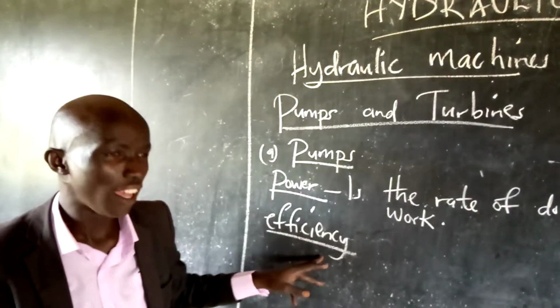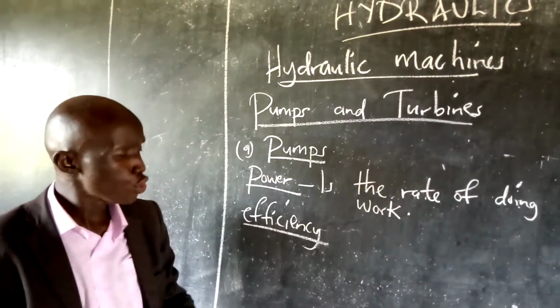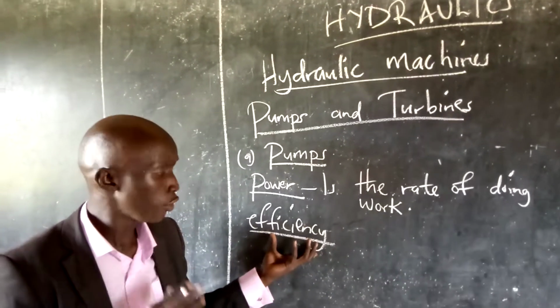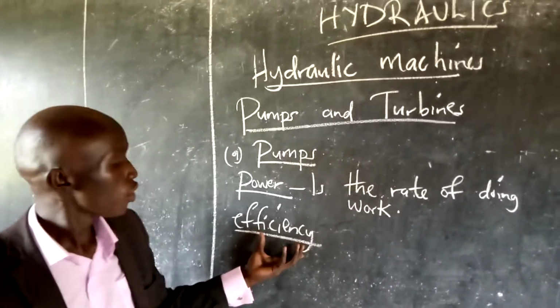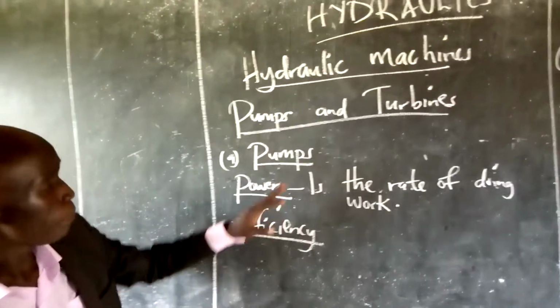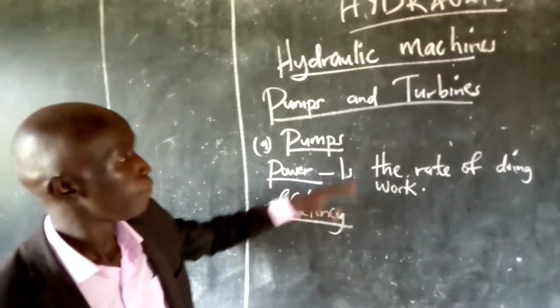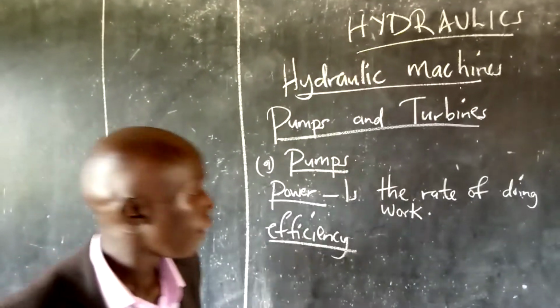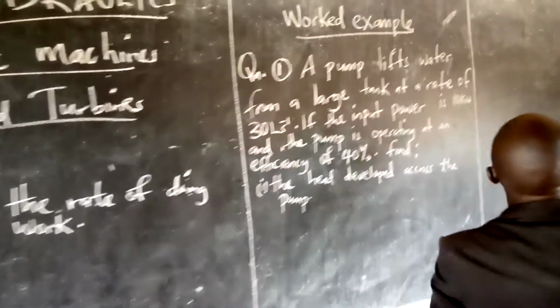Understand it, don't just cram it. I'm not going to make you cram it, I'm going to derive it for you, my friends. So we are going to begin with pumps, since pumps is first, maybe turbines after sometime.